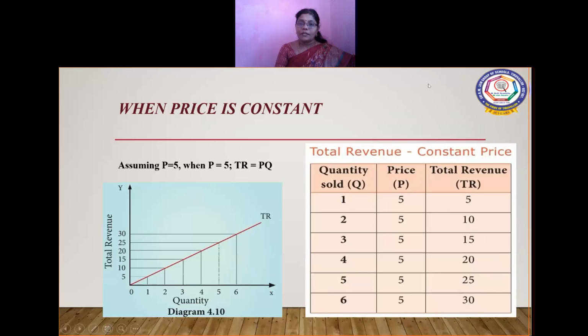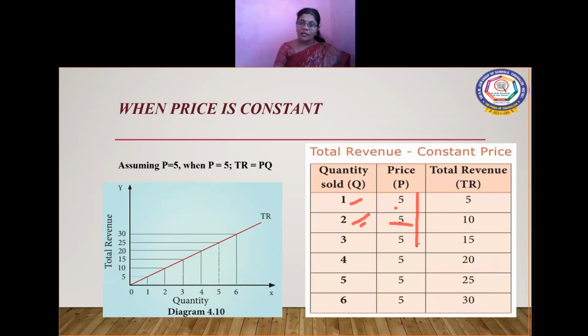Now we are going to discuss the total revenue at constant price. For example, if you take certain products, the price will not change for a long period. It will remain constant. In this tabular column, you can see the quantity sold. If the person is selling one unit, the price is 5. If the person is going to sell two units, the price remains constant here.